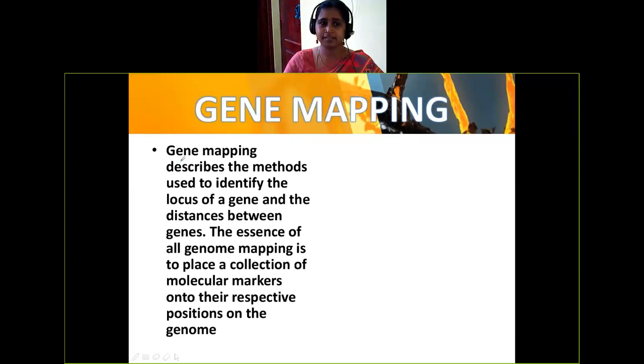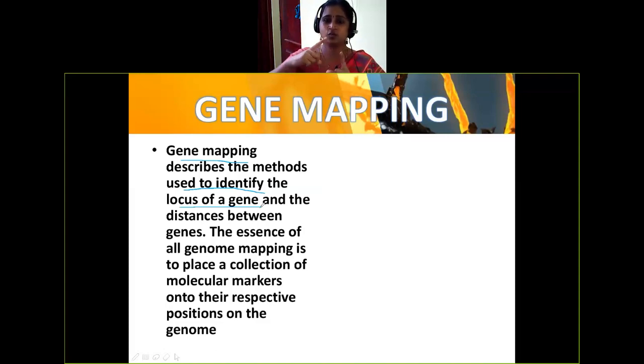To honor Mr. Morgan, they are using the unit Morgan unit. The distance between genes is expressed in centimorgan, millimorgan, or Morgan. Gene mapping describes the method used to identify the locus of a gene, its position.